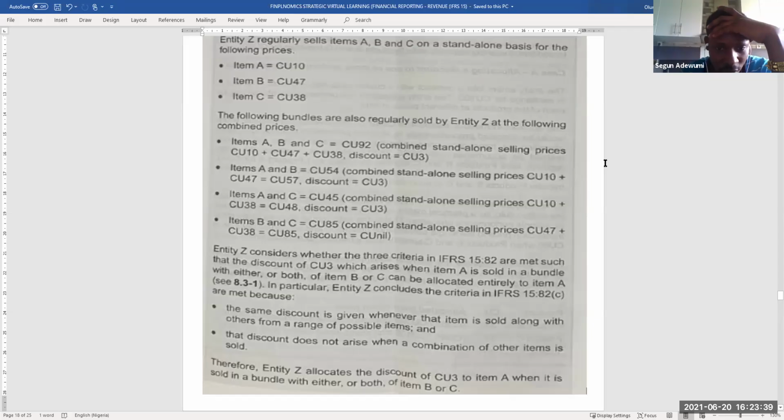Therefore, Entity Z allocates the discount of 3 CU to item A when it is sold in a bundle with either or both of item B or C.